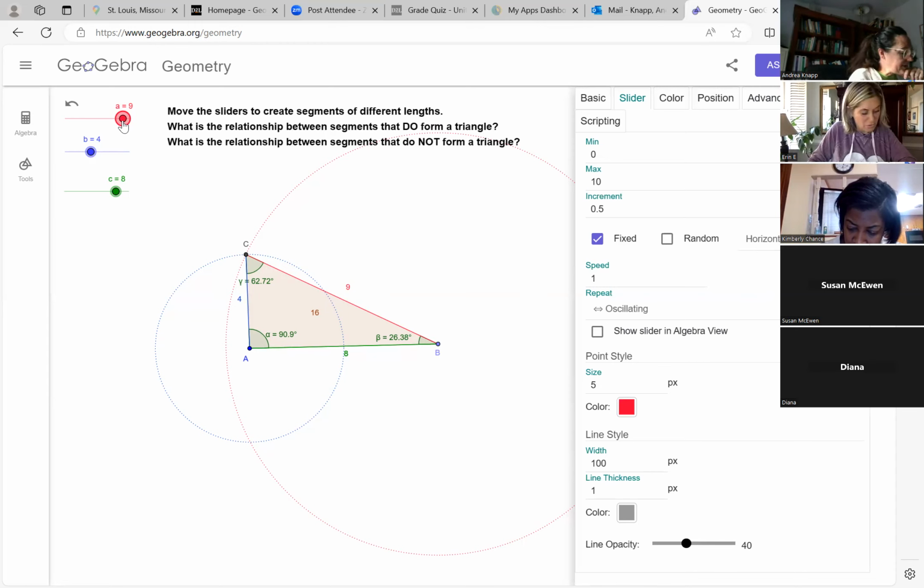If the given information determines a unique triangle, explain why or why not. Okay, let's go back to B. Given 3 sides, so side, side, side, does that prove congruent triangles if we have 3 sides given in our 2 triangles?